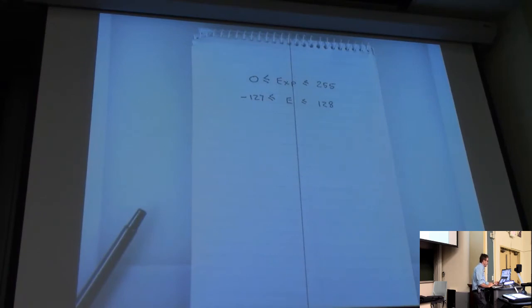Suppose we want to represent 2 and 3/32nds. And suppose we only have 4 bits to do that in. Well, to represent that exactly, we need 7 bits. And so we have to round.